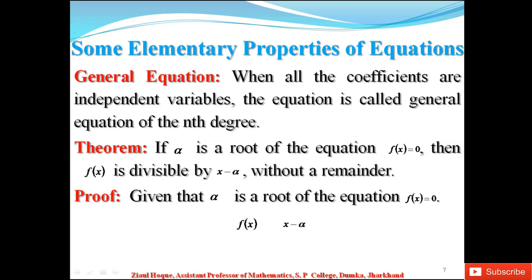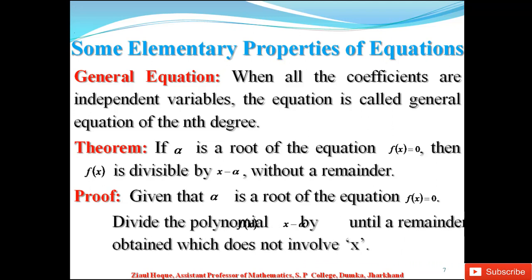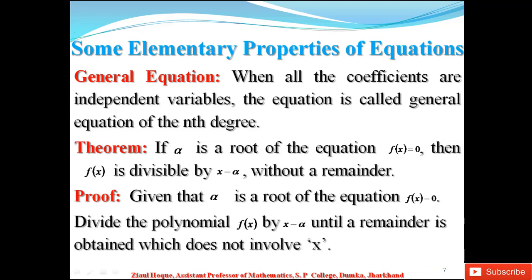Proof. Given that alpha is a root of the equation f(x) equal to 0, now divide the polynomial f(x) by x minus alpha until a remainder is obtained which does not involve x.